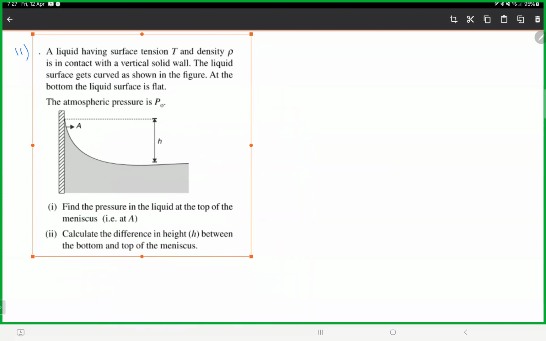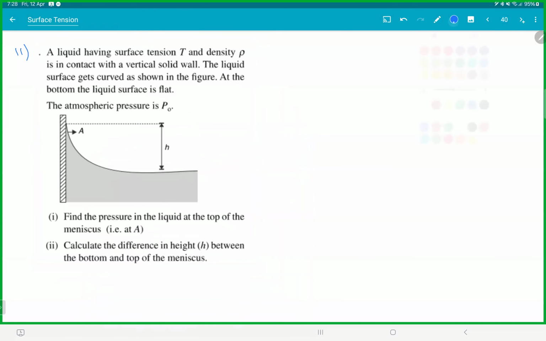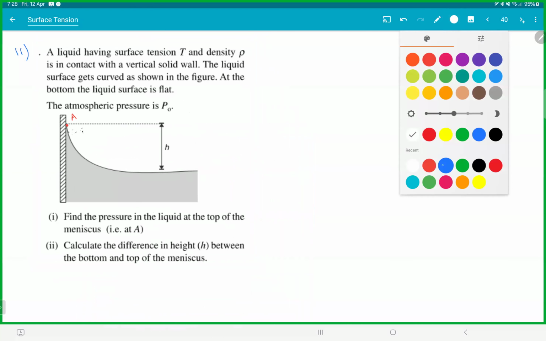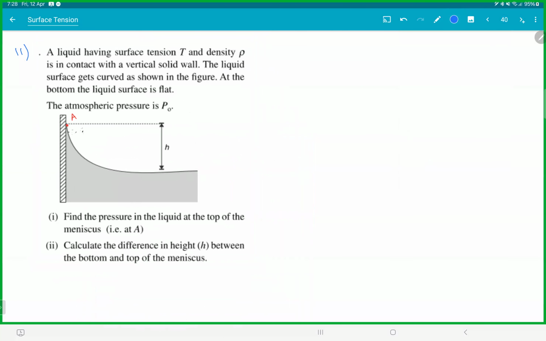Let's get this one. Point A is here. Meaning, if you look at the diagram now, side view, it would have looked like this. So this is that wall. The liquid is like this.